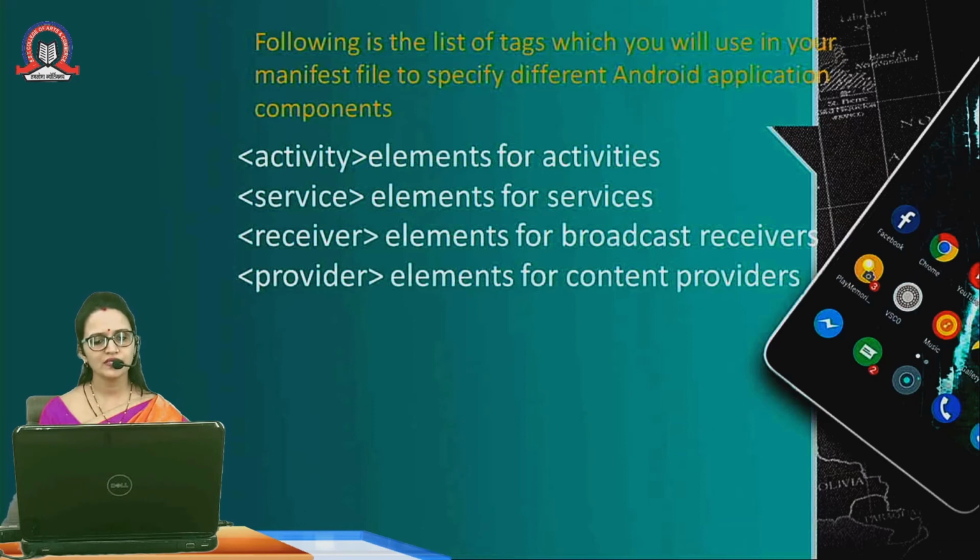The following is the list of tags which you will use in your manifest file to specify different Android application components: activity element for activities, service element for services, receiver element for broadcast receivers, and provider element for content providers.